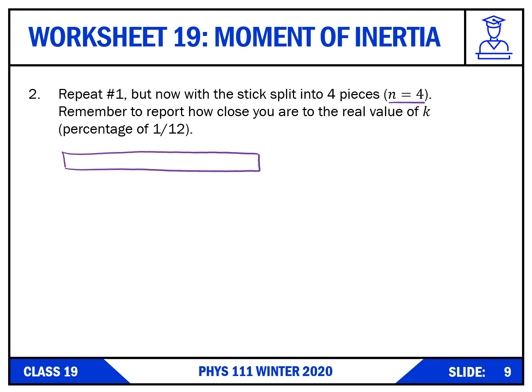So if I split it up into 4 pieces, cut it in half, cut each one in half, the axis of rotation is always here. So we draw this. And we're going to name this 1, 2, 3, and 4 for the 4 segments.